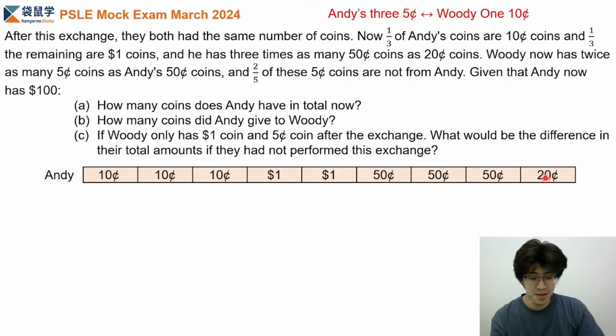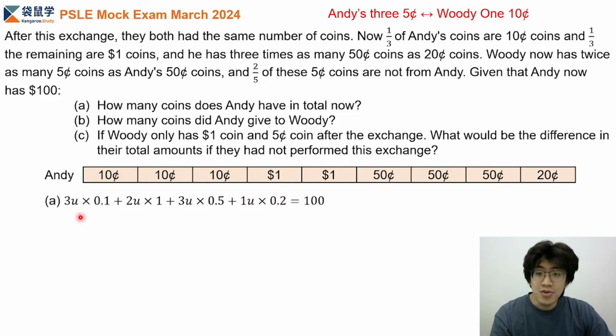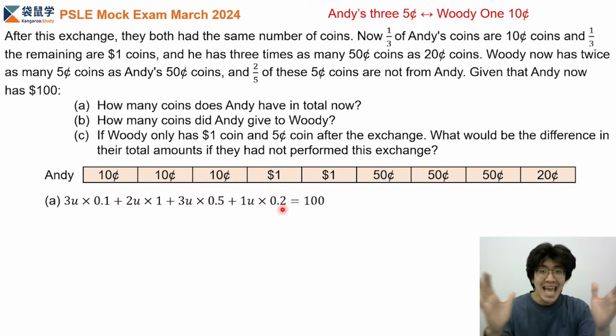So what does this tell me? I can write out the equation. So 3 units of 0.1, which is the 10-cent coins, and 2 units of $1, 3 units of 50 cents, and 1 unit of 20 cents, they should add up together to $100.